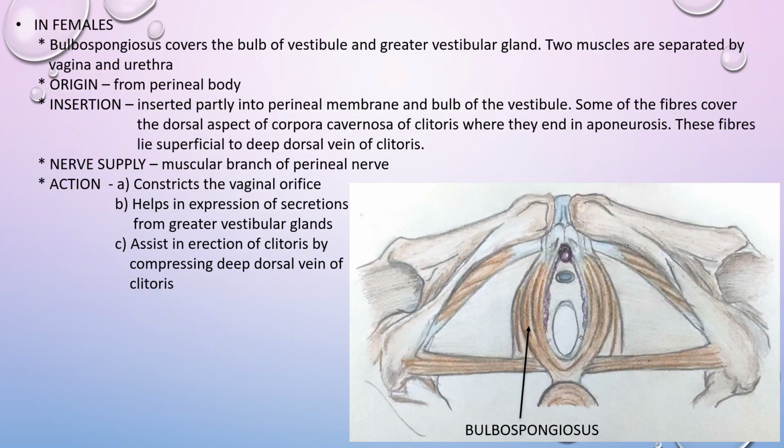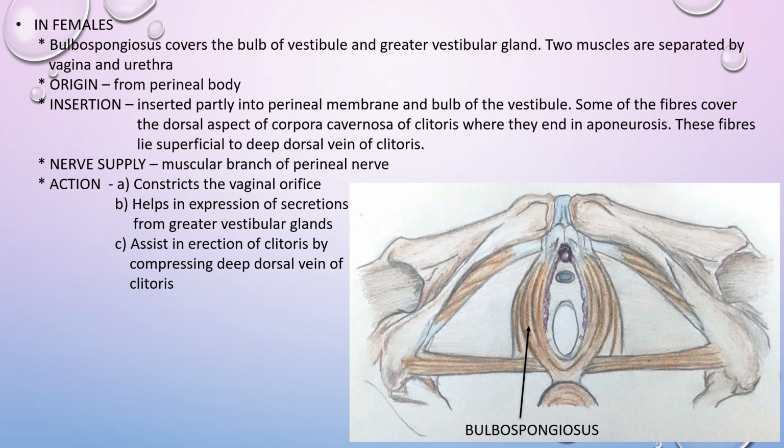If we take up the bulbospongiosus muscle in females, it covers the bulb of the vestibule and the greater vestibular gland. These two muscles are separated by vaginal and urethral orifices. In this diagram, you can appreciate on either side of the urethral and vaginal orifice the bulbospongiosus muscle. It overlaps the greater vestibular glands.